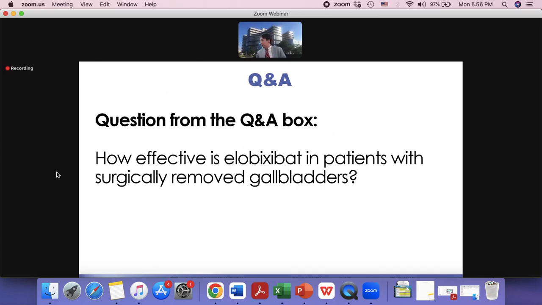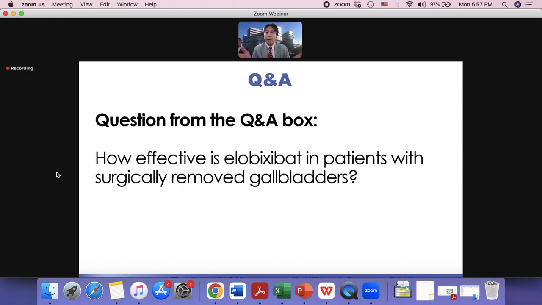In the Japanese experience, in patients who have had their gallbladder removed, the effect of Elobixibat is very good.